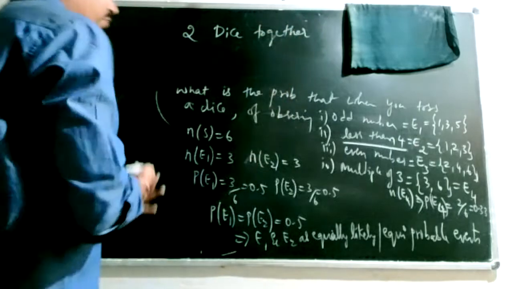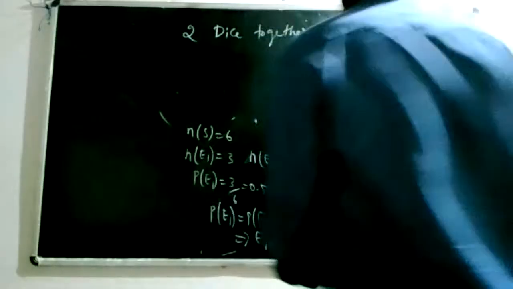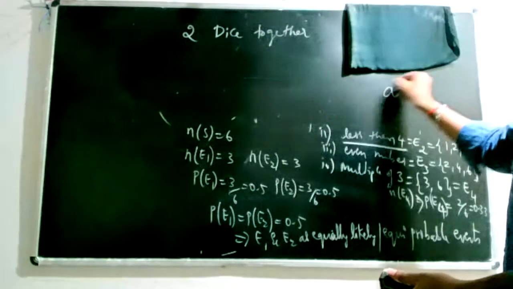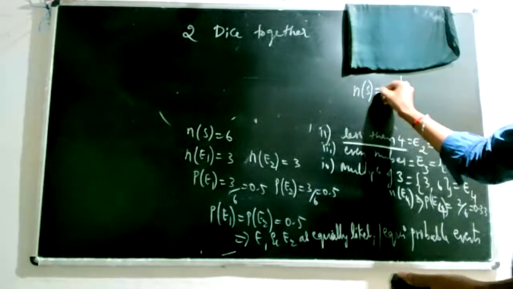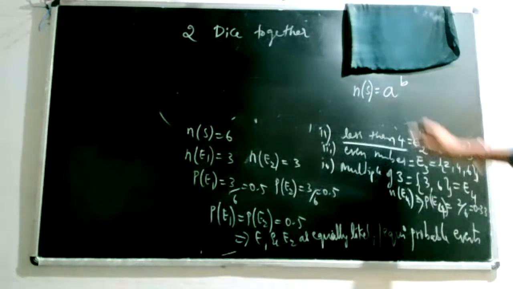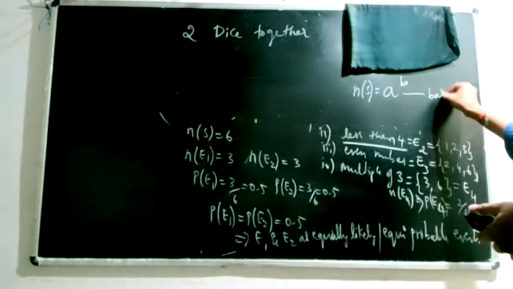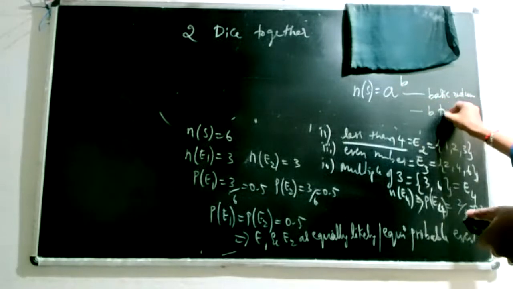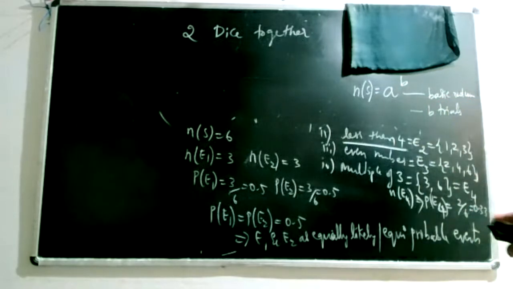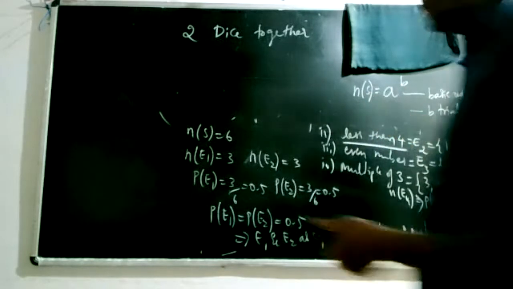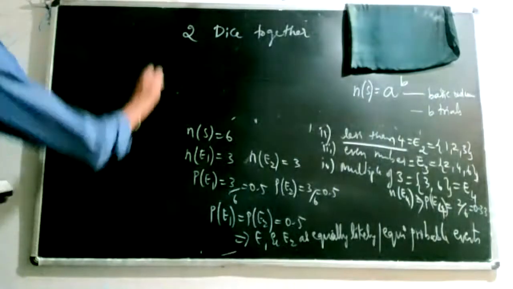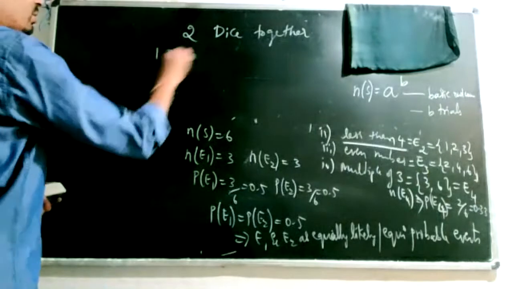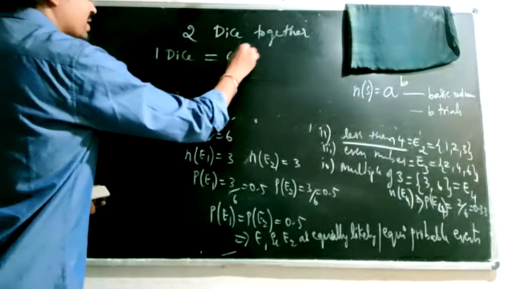Again, if you remember the concept A power B, the number of elements in a sample space, when you repeat an experiment which has A basic possible outcomes B times, the total possibilities in the sample space will be A power B. So if I throw a dice once, I'll get 6 outcomes.